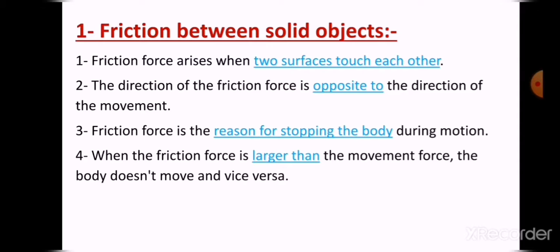Why? Because friction arises between two surfaces when they touch each other. When the bike tires touch the road, the friction force arises and acts in the opposite direction of the movement. So the bike slows down, its speed decreases until it stops.